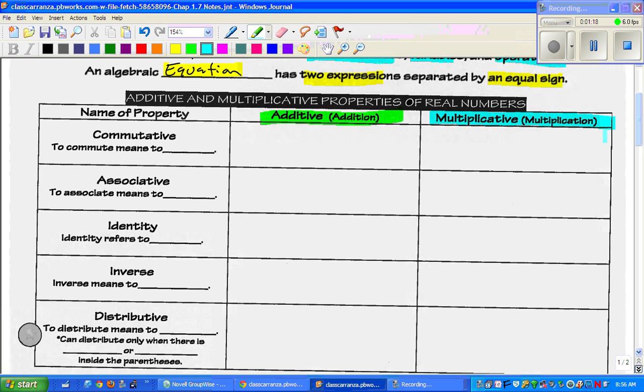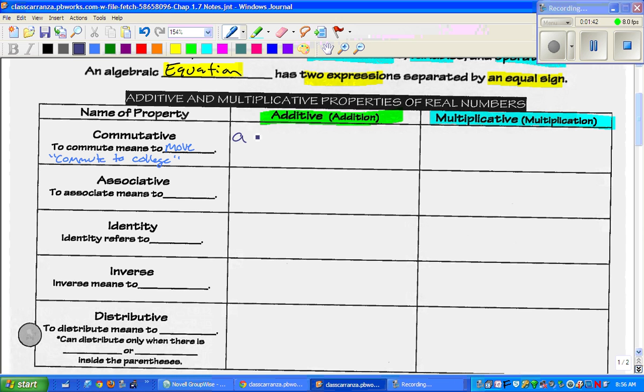First one we're going to talk about is commutative. Now, the word commutative looks like the word commute, and the word commute means to move. Have you ever heard anyone say that they commute to college, or the commute to work?